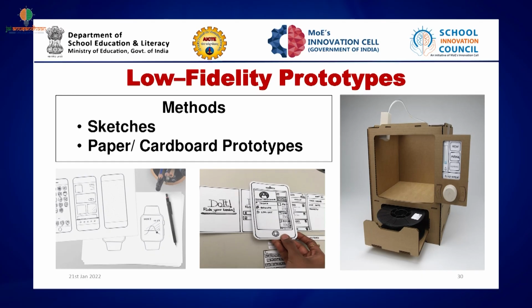This is a working prototype, but a low fidelity one. Similarly, the cardboard model image which you see on the right is a model of a 3D printer which is made out of cardboard. So you can explore these methods in the initial stage of your prototyping.